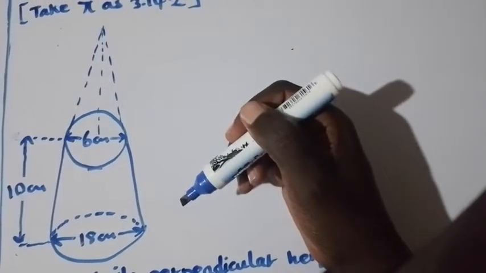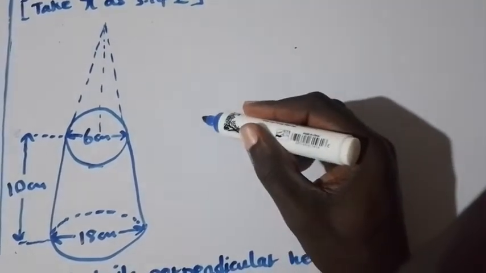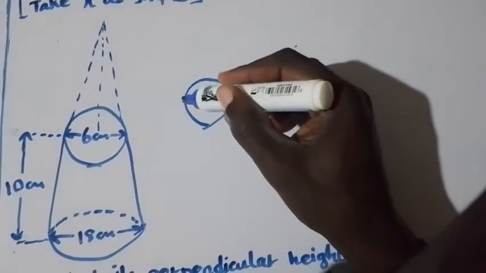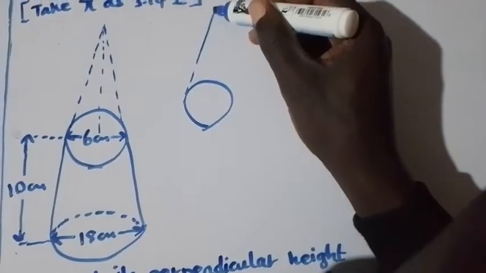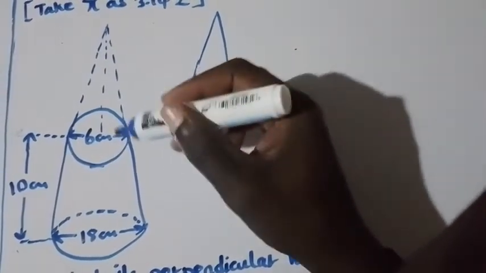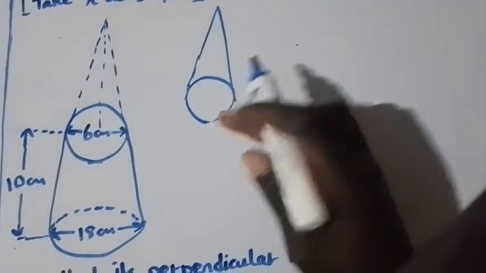If we extend like that, we are going to have a smaller cone. This is the part we have extended there.